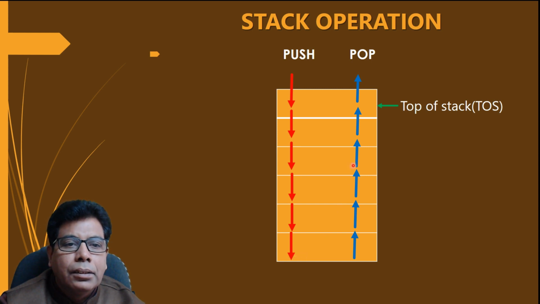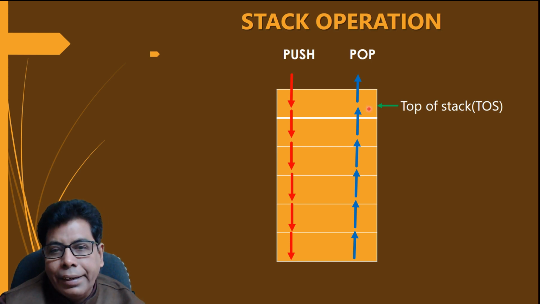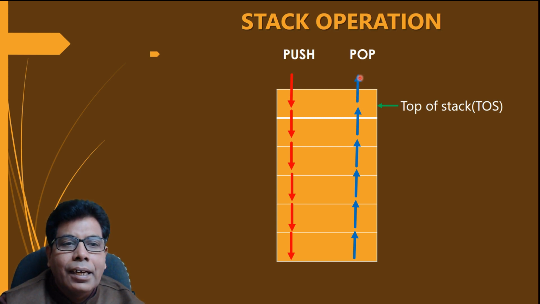Then when we read from the stack, we can read only from the top of the stack. This is the only register which is available for reading. So when we pop, this will come out of the stack and it will be stored either in a register, a special function register, or memory. And when this is coming out, the other elements are pushed up.